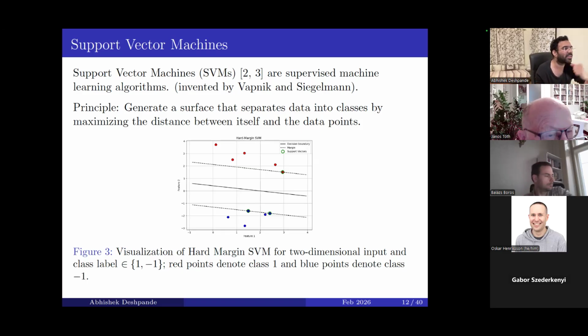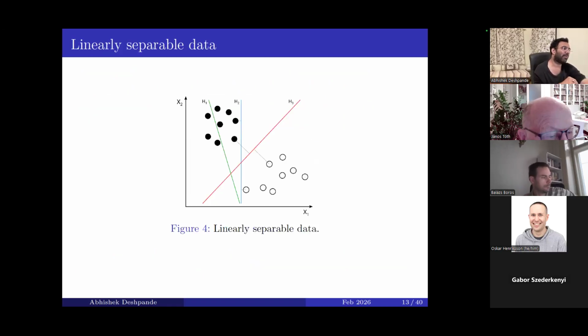So what are the exact conditions required? Imagine that you have data which is scattered like this: black dots here, white dots here. And imagine that there are three hyperplanes here, H1, H2, H3. As you can clearly see, H1 and H2 are not really effective in separating data.